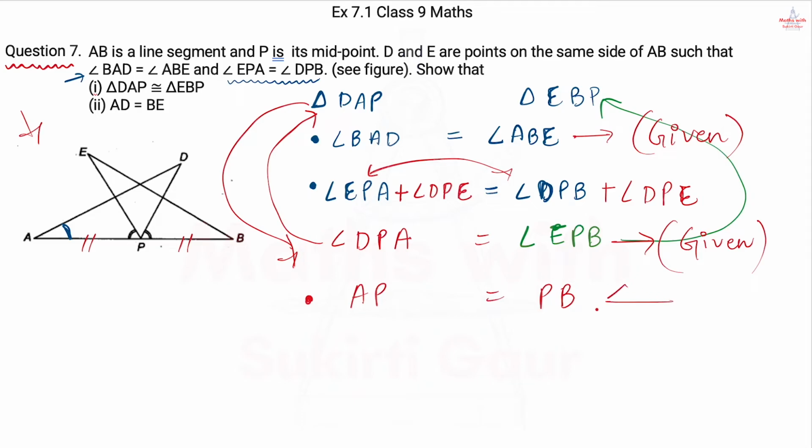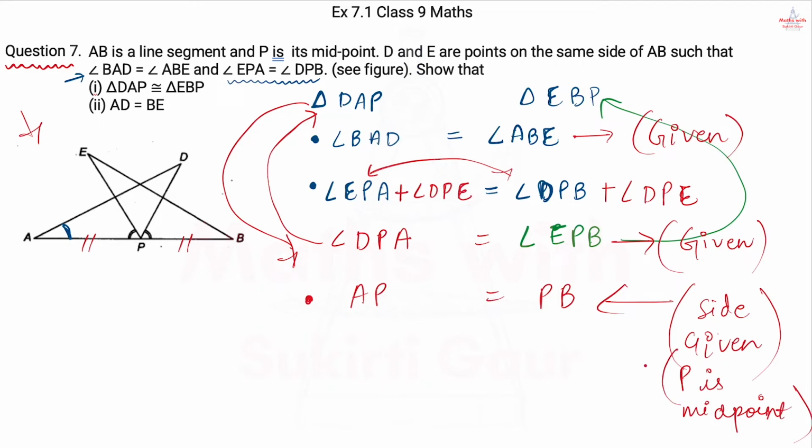So we have got one side. This is also given as P is the midpoint. You can also write it as P is the midpoint. This was not given directly, but we got to know when we saw that P is the midpoint of side AB. So we are getting one angle here, one side in the middle, and another angle from here.